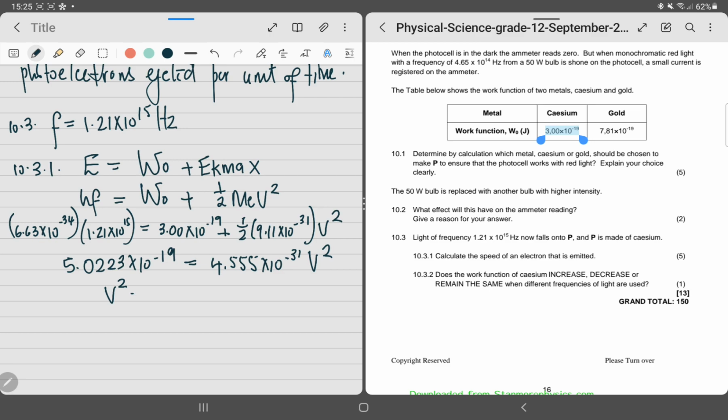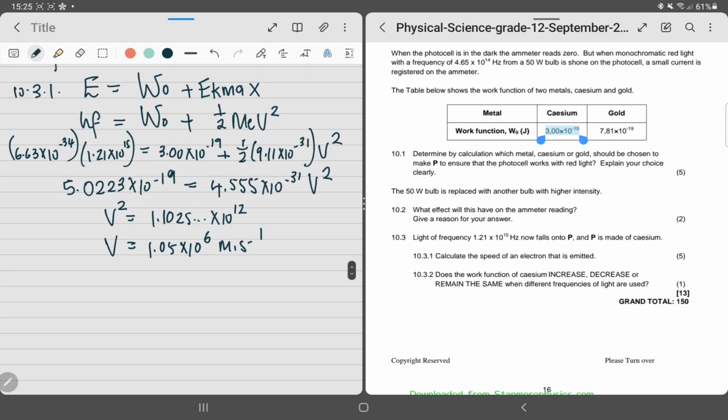So v squared should be equal to 1.1025 times 10 to the exponent of 12. Then I'm going to find the square root of both sides. So I'm getting 1.05 times 10 to the exponent of 6 meters per second.